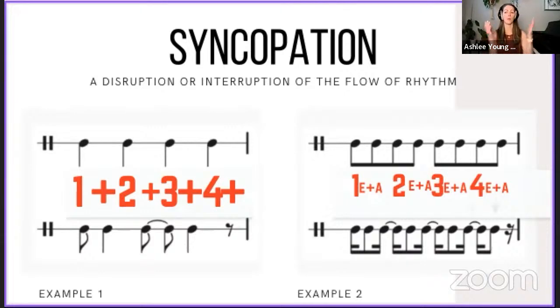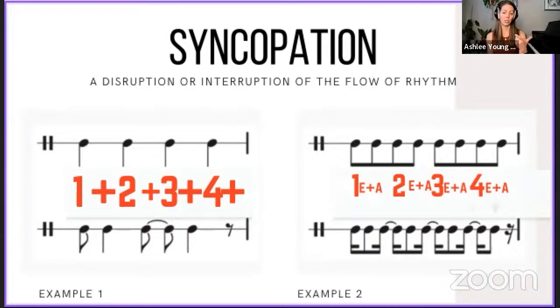So we generally feel something like 1, 2, 3, 4, 1, 2, 3, 4, 1, 2, 3, 4. We can safely say that in Western classical music, the strongest beat is always the downbeat. That's pretty much always true in Western classical music.